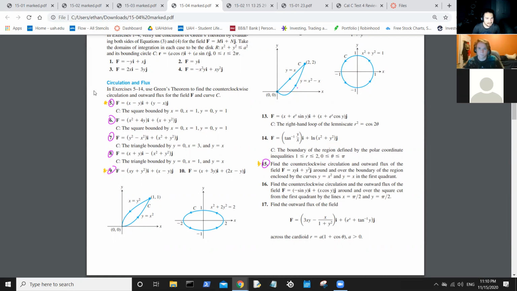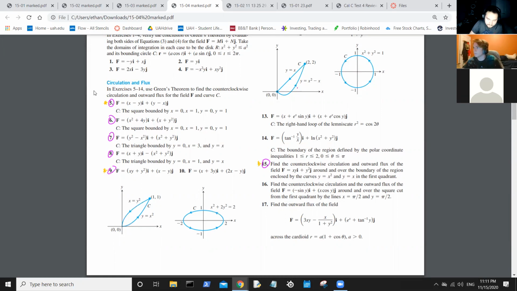Like the exact form is mi plus nj plus pk. With all these, you're just working with mi plus nj. Okay, so m is x minus y if we're looking at 5, and then n is y minus x. Okay, so what is the formula you just said then?